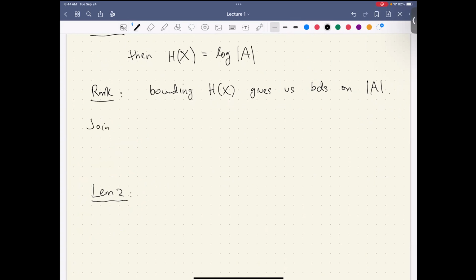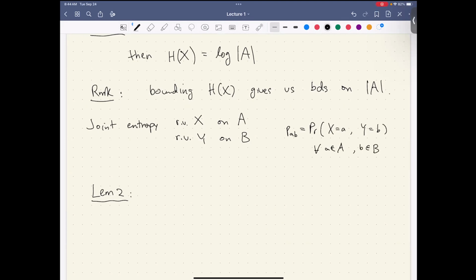Suppose now we have two random variables, x defined on A, and a random variable y defined on another set B. Then for their joint entropy, again, I will write p_ab to be the probability that x takes value little a and y takes value little b, for any a in A and b in B. Then the joint entropy is H(X,Y) equals the sum over all a and b of p_ab log 1 over p_ab.